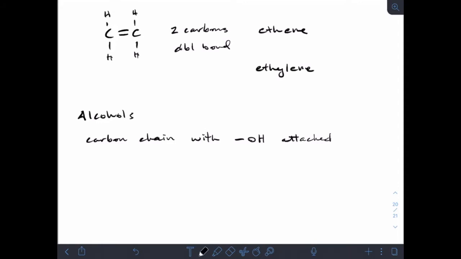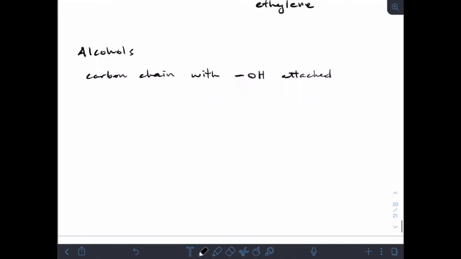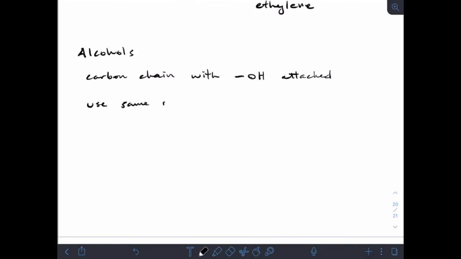The rules are the same for naming, but we end with an OL at the end. We use ol.